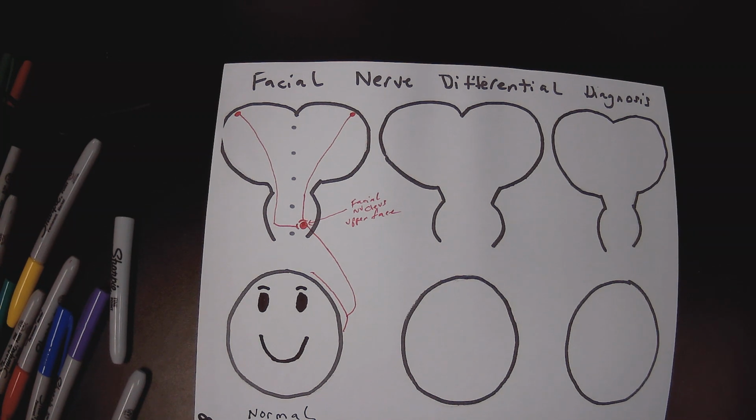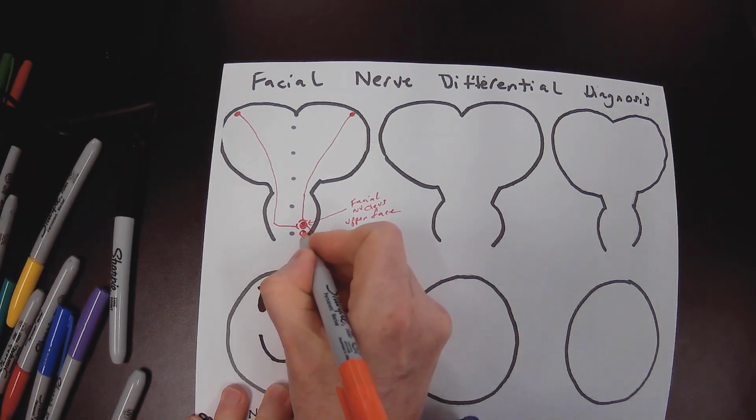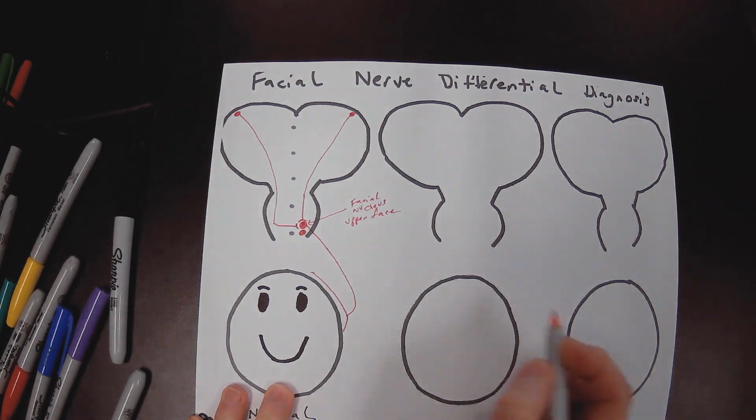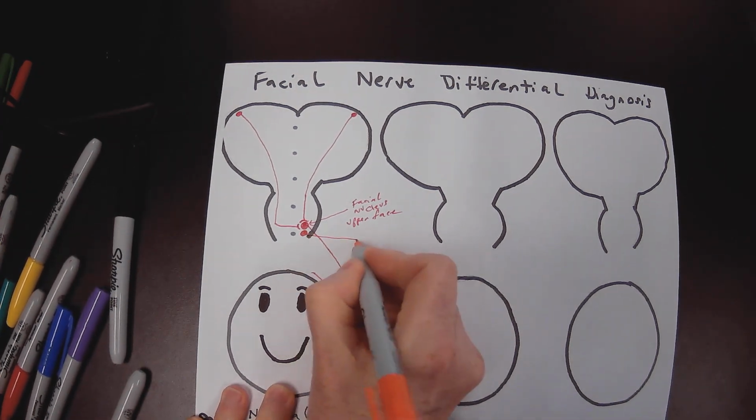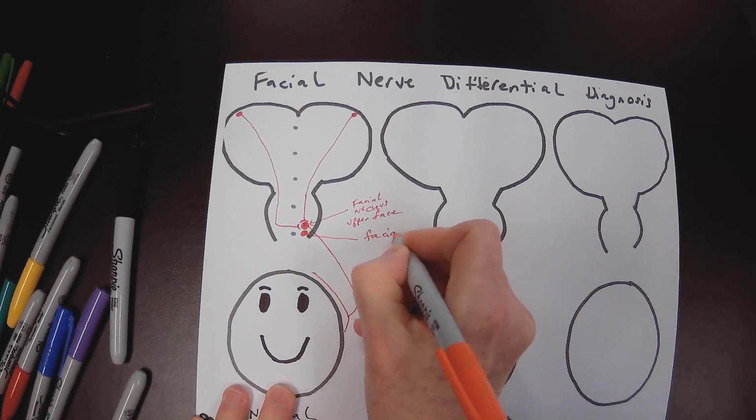For the lower face division, you just have one thing happening here, and I'm going to use orange for the lower face division. Okay, this is going to be my facial nucleus for the lower face.